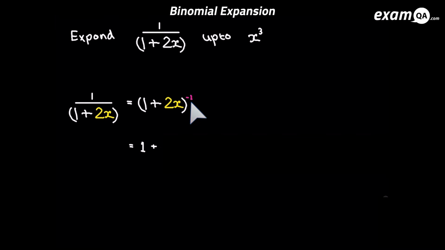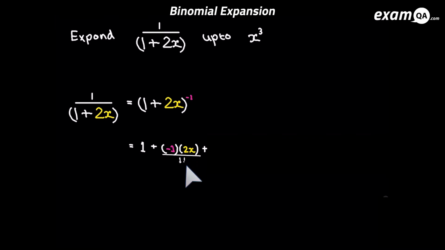And that times onto the 2x inside our brackets of what we're expanding. So what is this term? It's the power multiplied by the 2x. And that 2x is to the power 1. And all of that's over 1 factorial. But you don't need that there because 1 factorial, of course, is 1.